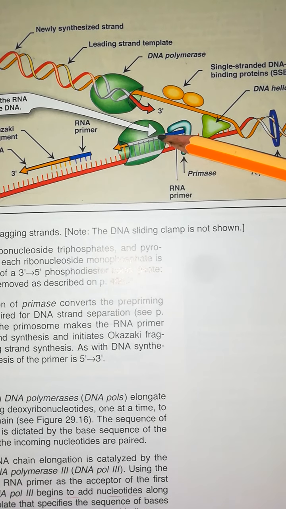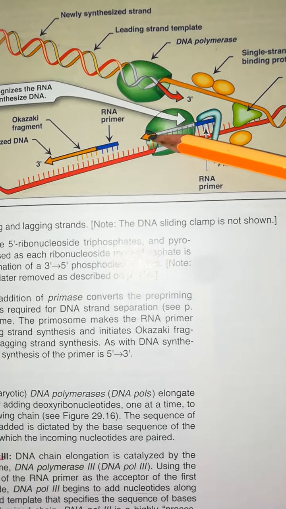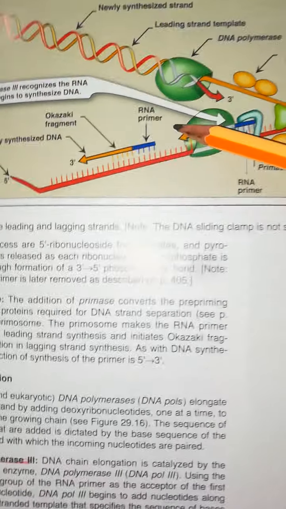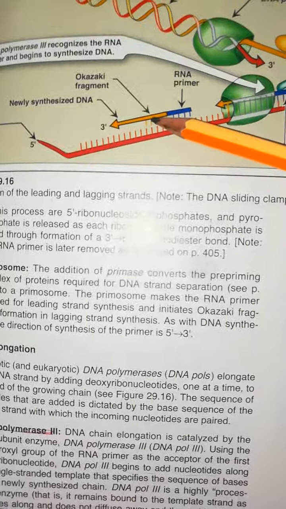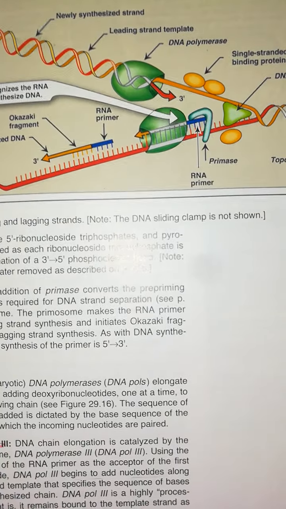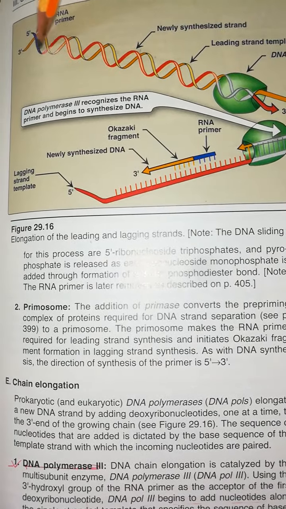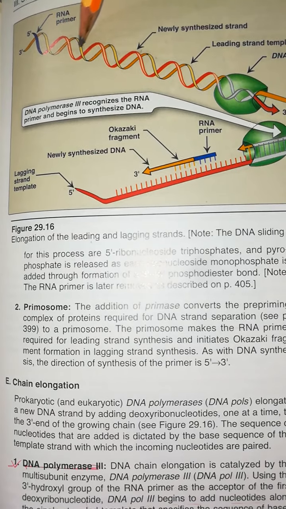Then DNA polymerase 3 comes here and causes polymerization. Suppose polymerization occurs up to this point, then here it also starts simultaneously.